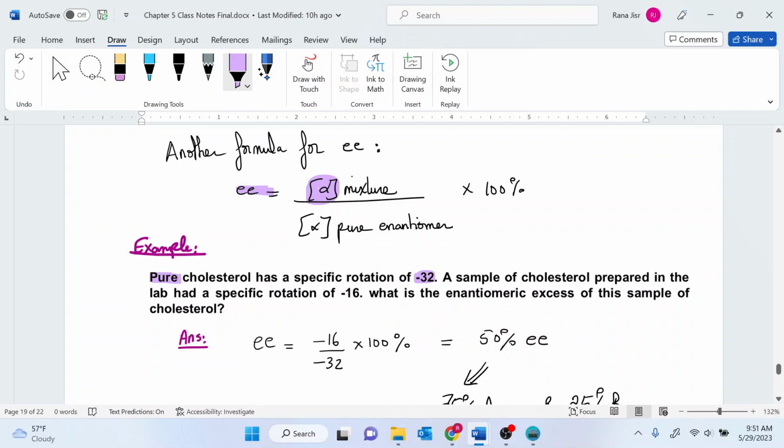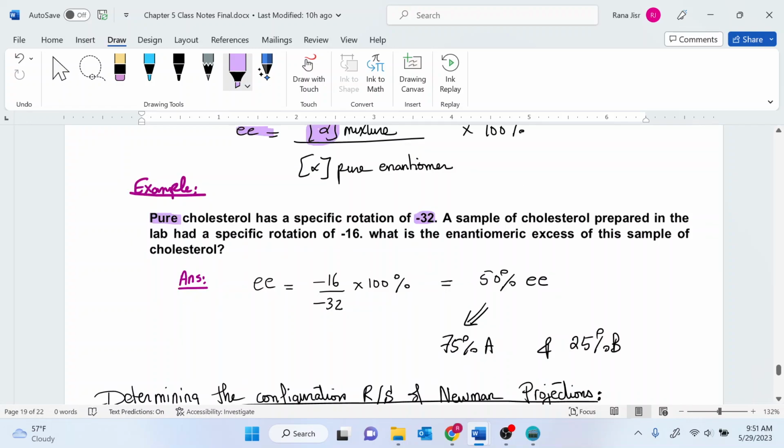This is 50% EE. So we know that 50% EE means that 50% is A, and then another 50% is going to be the racemic mixture.